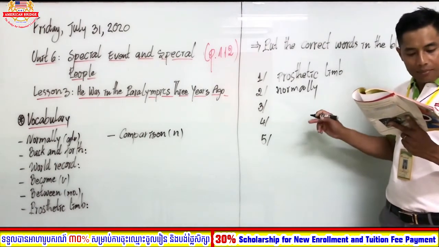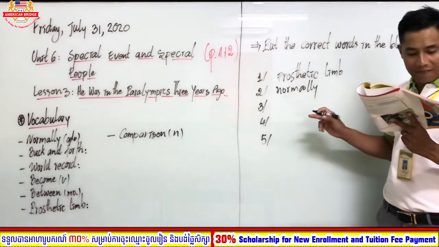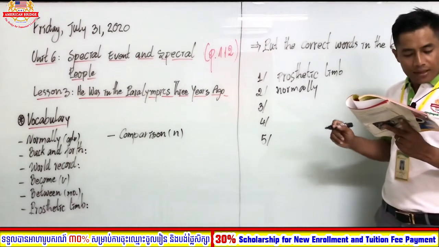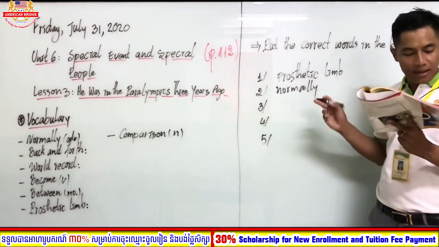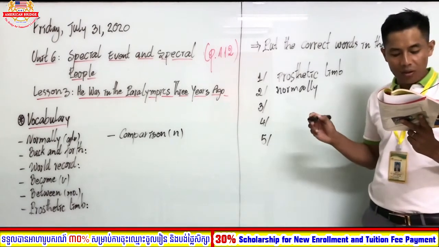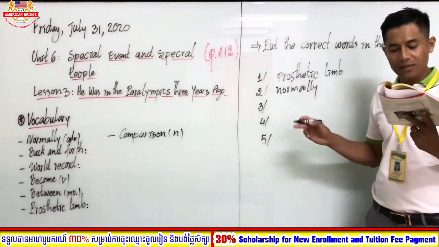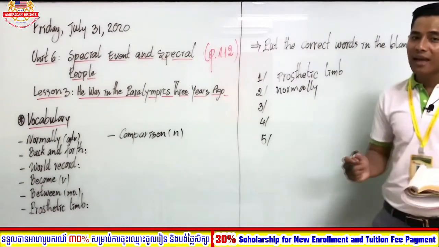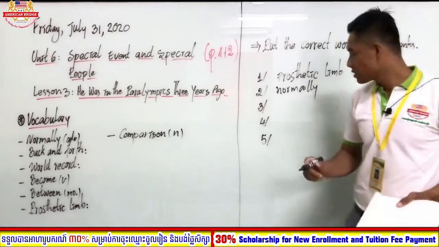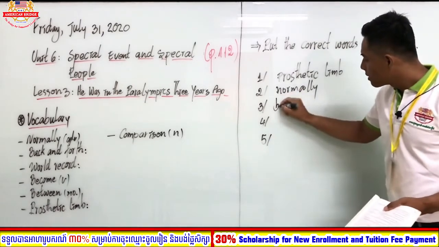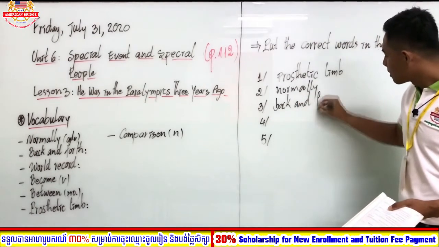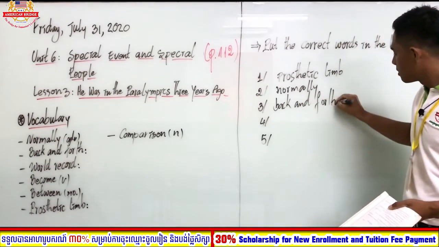But some Paralympians, athletes, have tried to enter the Olympics. Number 3: this tennis match is really boring. Yes, the players are just hitting the ball blank for such a long time. In tennis, we hit the ball back and forth. So back and forth.